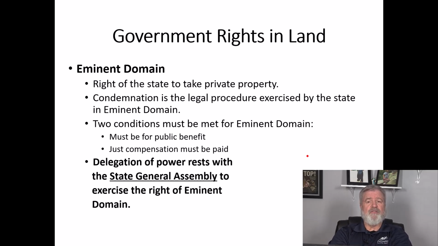You can argue the value, but obviously you can't just say, no, I think my property is worth twice what you're offering me. You're going to have to support that. You're going to have to be able to prove that. And one way to do that might be to get it appraised. Just make sure you let the appraiser know the reason you're getting it appraised.